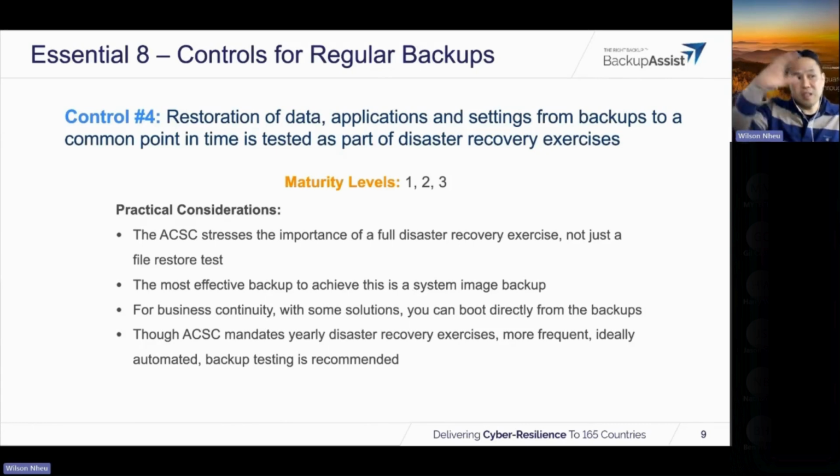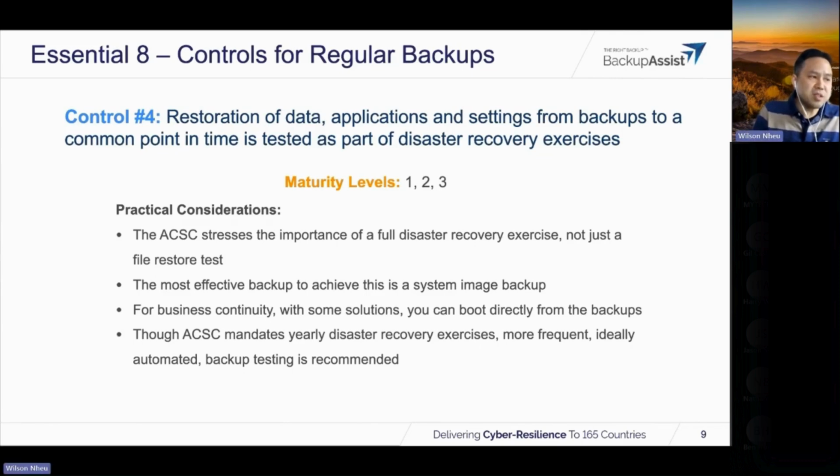So effectively, for the whole disaster recovery exercise, the most effective backup to help you with this is a system image backup, because with the system image backup, you can carry out a bare metal recovery. With a file only backup, you can't do that. So therefore, that's what we recommend you use.